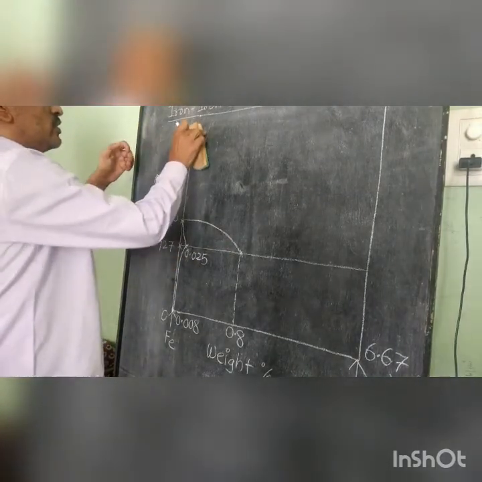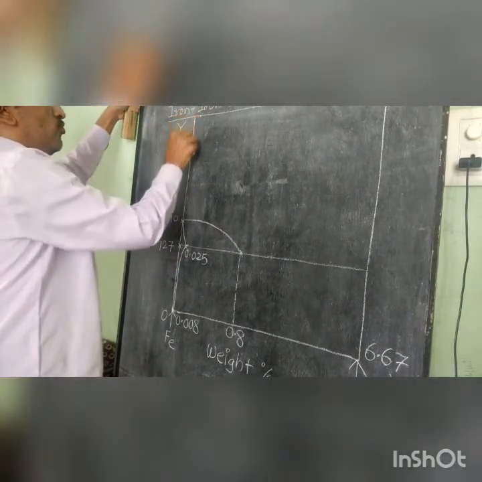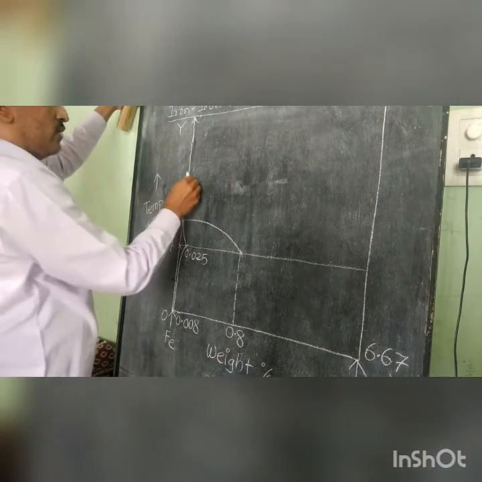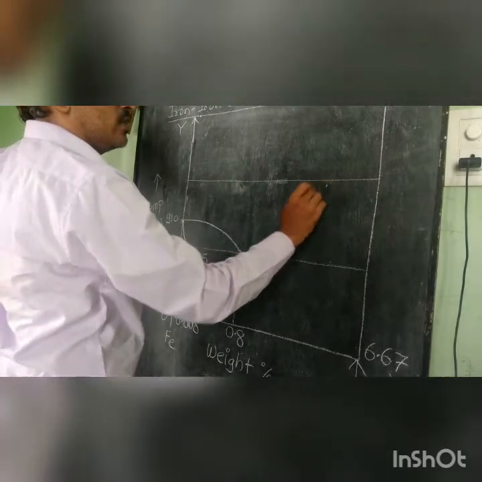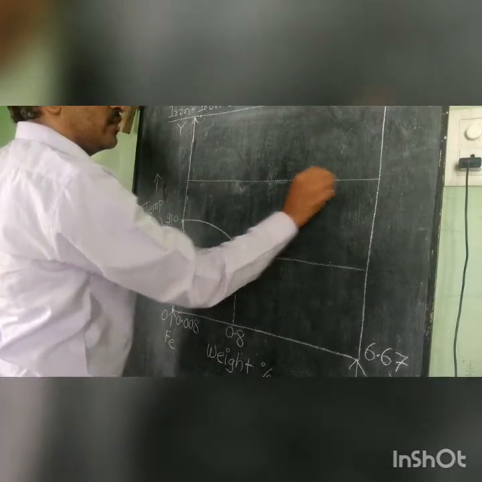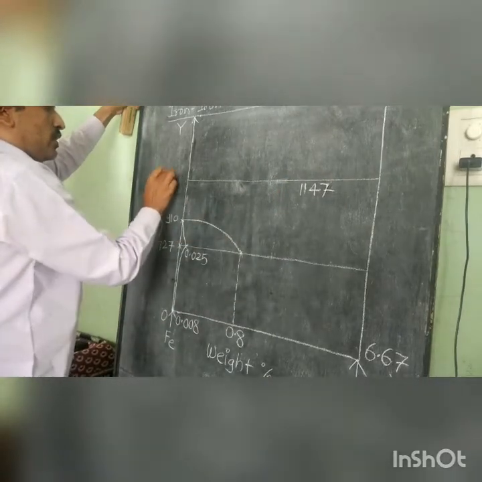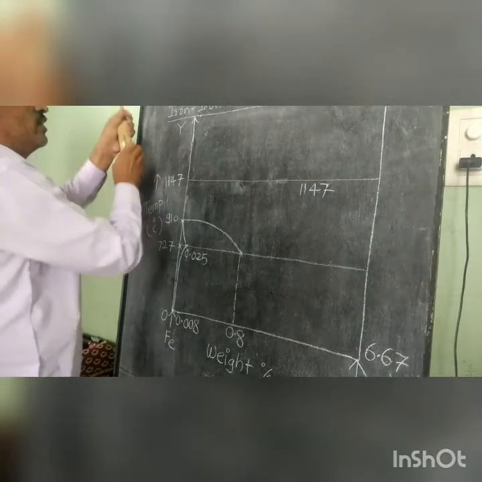Now let us go for the middle part of this diagram, that is 1147 degrees Celsius. We can write 1147.